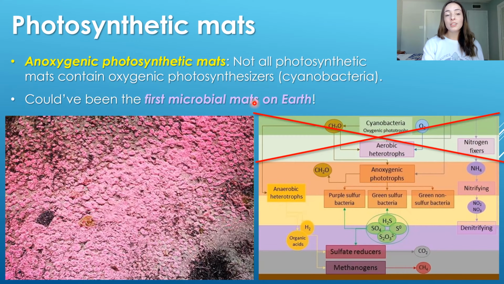And so it's possible that these could have been the first microbial mats ever to form on Earth. But it's still uncertain whether oxygenic photosynthesizers versus anoxygenic photosynthesizers evolved first, etc. But I'll talk about all those possibilities in a future video when I talk about the evolution of photosynthesis.